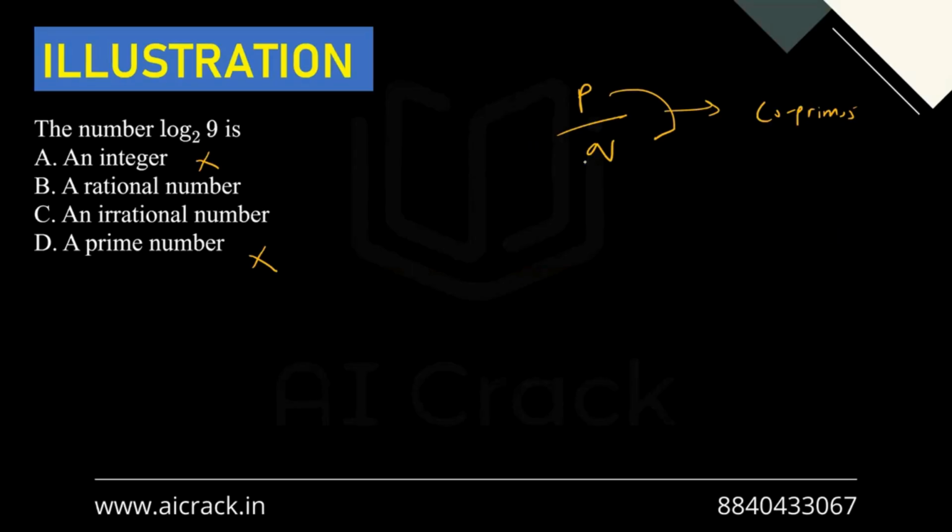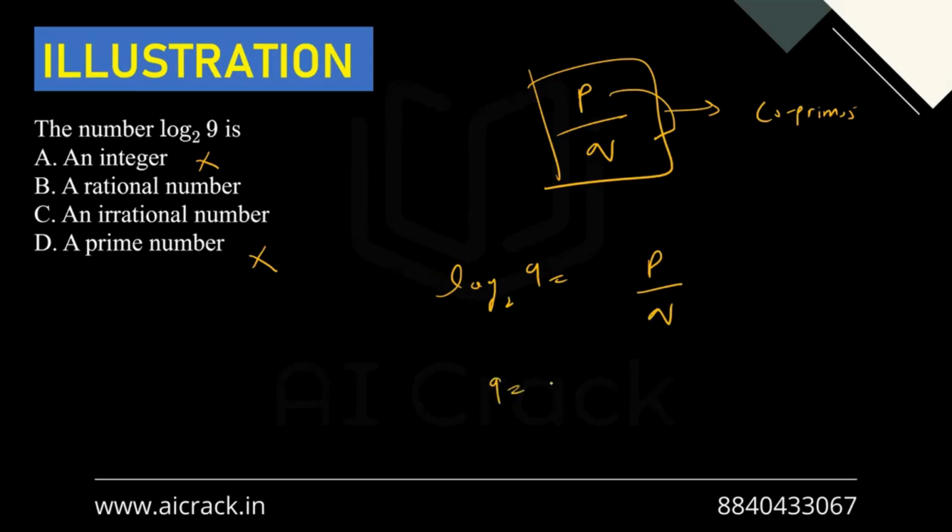So let's assume that log base 2 of 9 equals some rational number p by q. If we go by the exponential definition, that would mean 9 equals 2 raised to the power p by q. If we raise both sides to the power q, we get 9 raised to the power q equals 2 raised to the power p.